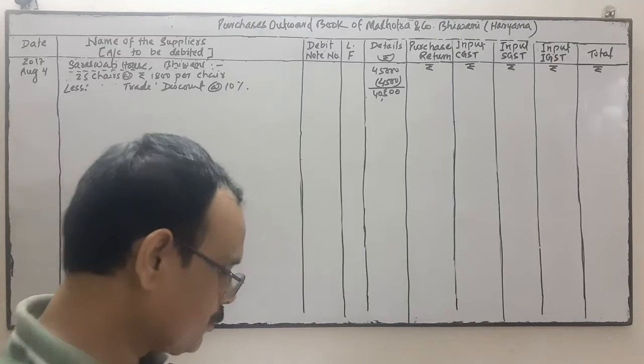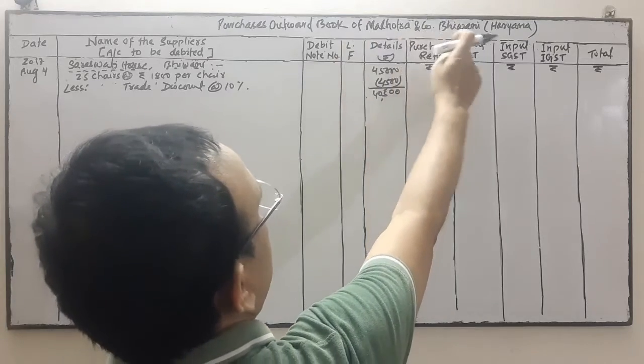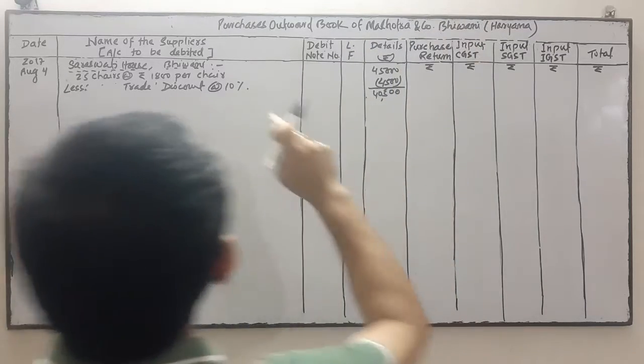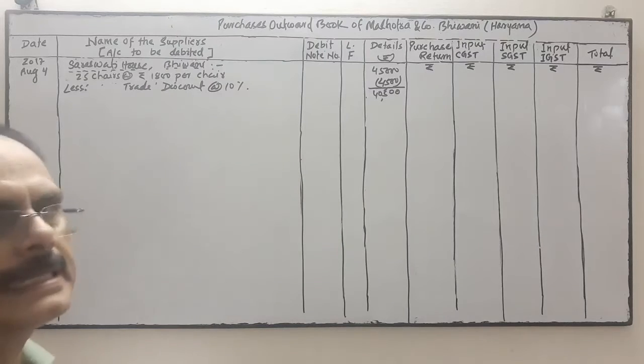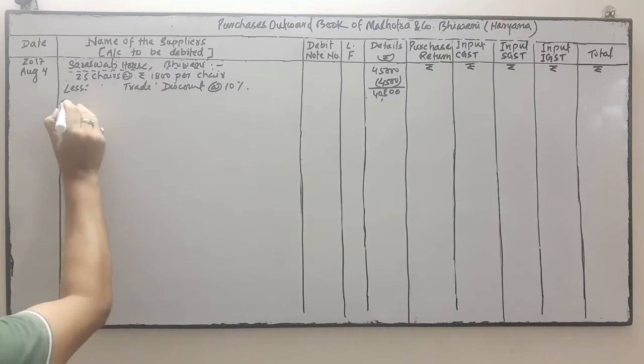We are returning to Swarsati House, Bhiwani, and Malhotra and Company is also from Bhiwani, so it is intra-state. So here CGST will be calculated.